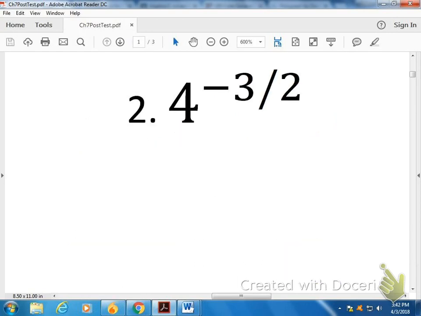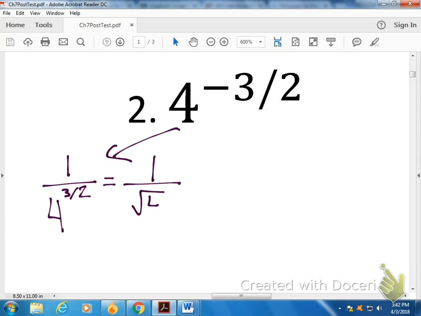I could start this as immediately doing the negative exponent flip it deal. But when we do that, that means the entire term, 4 to the 3/2, goes into a denominator. And then start dealing with 1 over square root of 4 raised to the third power, becoming 1 over 2 cubed. This is how we get 1/8.